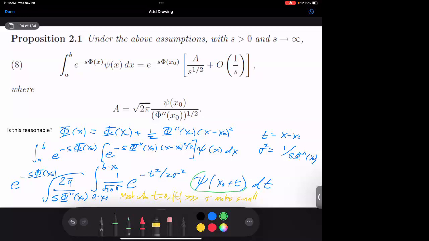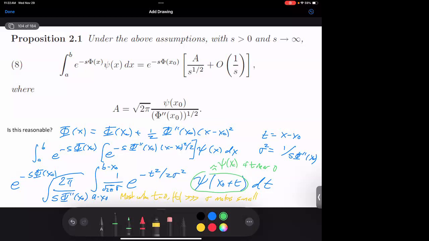So this is approximately equal to c of x naught if t is near 0. And that shows you that this is a reasonable result. There is our square root of 2 pi. There's our square root of s phi double prime of 0.